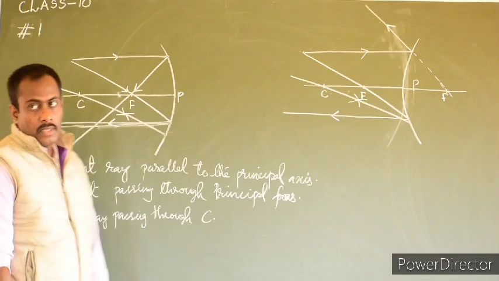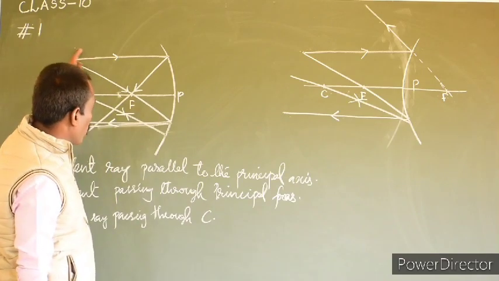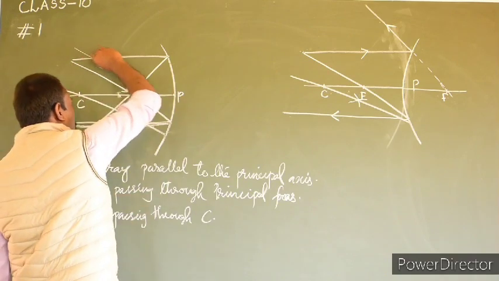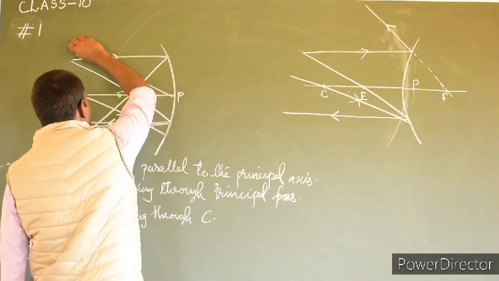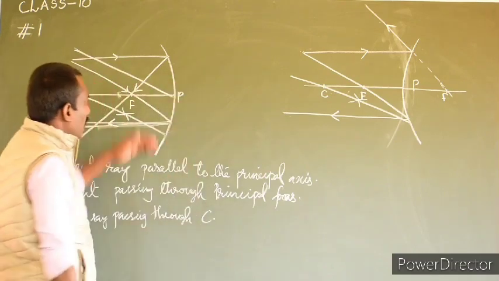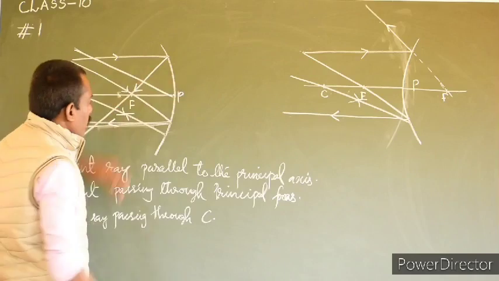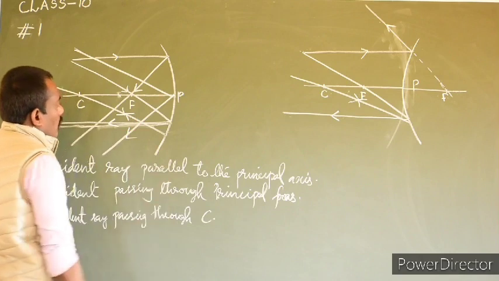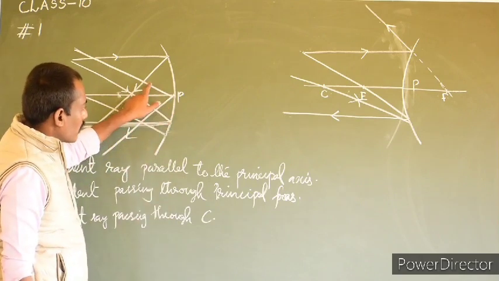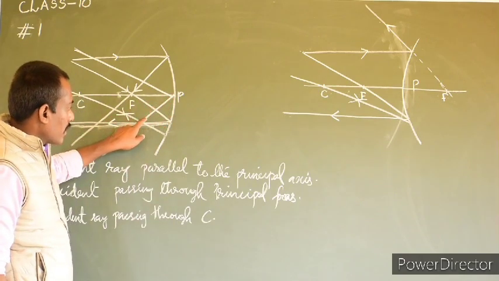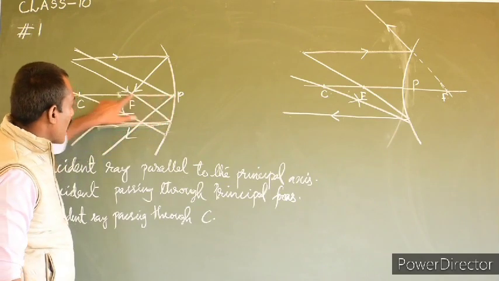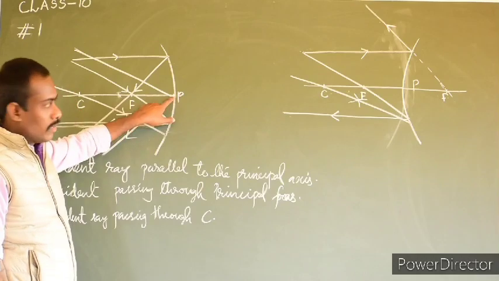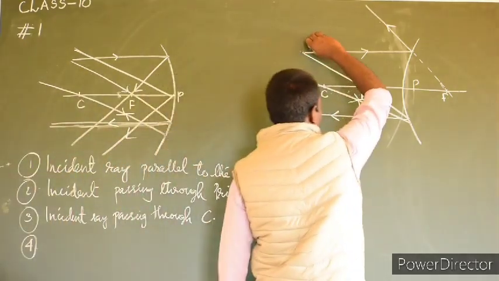And the fourth one. If an incident ray is obliquely incident on the pole of the mirror, suppose an incident ray is incident on the pole P obliquely, or it makes an angle, then the ray will be reflected back in such a way that the principal axis will act as a normal at the point P, and that will be the fourth ray.